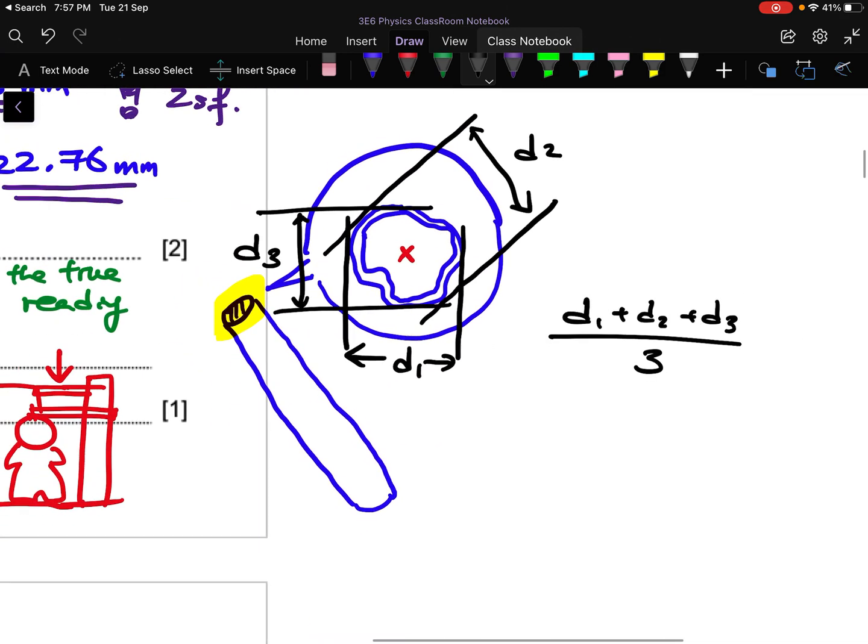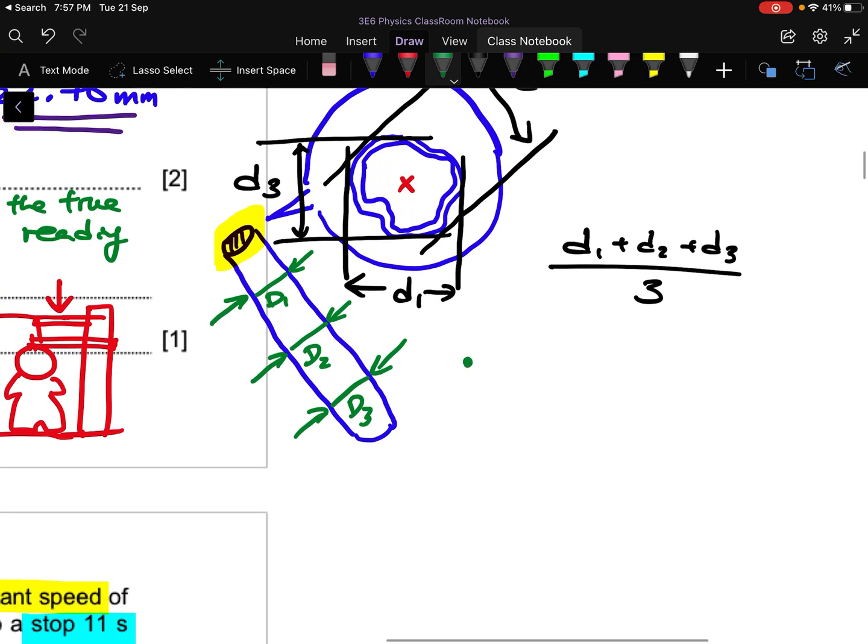This will give you a better diameter, right? Because by averaging, you are reducing the random error. Another way is to take the diameter at different lengths along the cable. So maybe here you do D1, here you do D2, and here you do D3.